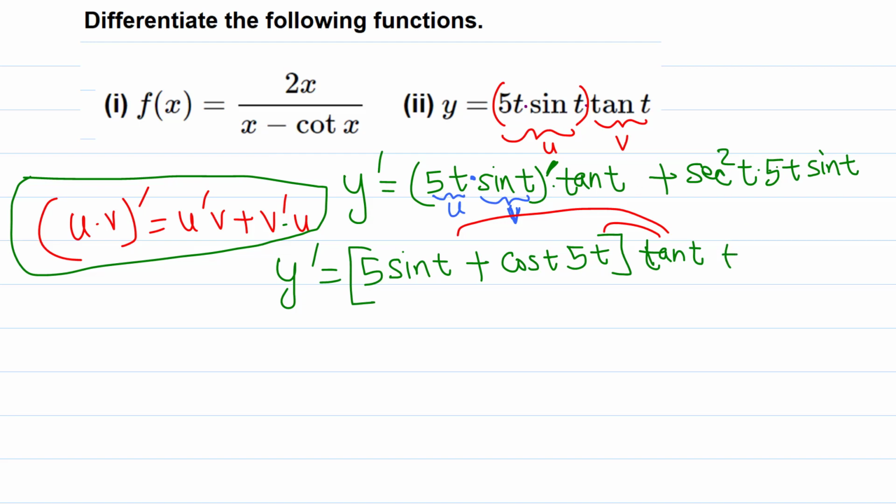Plus here let's write down 5t secant squared t sine t, or sine t secant squared t.